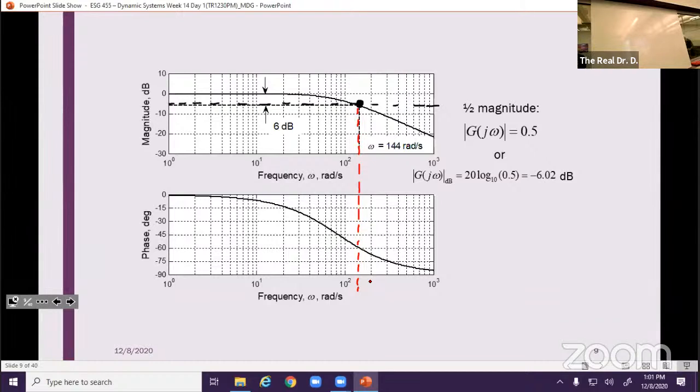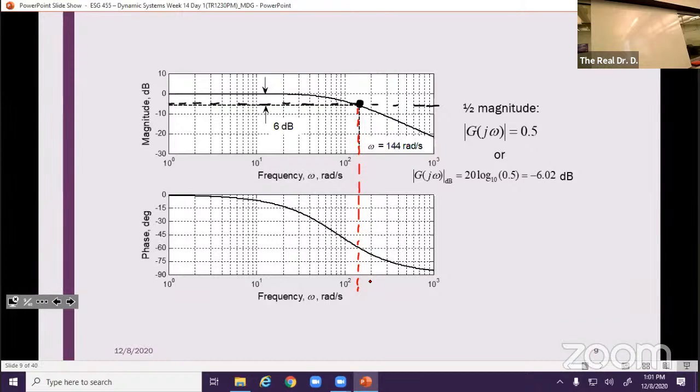So what's the point? Why would you want to do this? This is very similar to what we're going to talk about later with bandwidth, number one. If you want to keep your system from attenuating by a certain percentage, say 1.2 volts amplitude isn't enough to run whatever device you're trying to run with this circuit, you need to be below 144 radians per second in order to get the voltage you want.